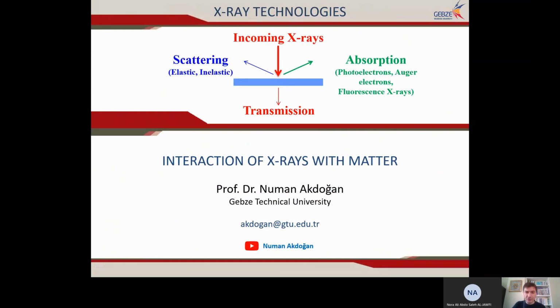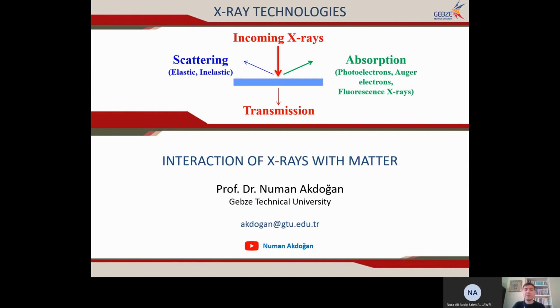This was a shorter lecture, but very important for the forthcoming chapters, because in the forthcoming chapters, we will discuss X-ray detectors and you have to know the X-ray matter interaction in order to understand the mechanism of the X-ray detectors. In addition, we will discuss X-ray diffraction, X-ray reflectivity, and many absorption-based X-ray methods and many imaging methods.